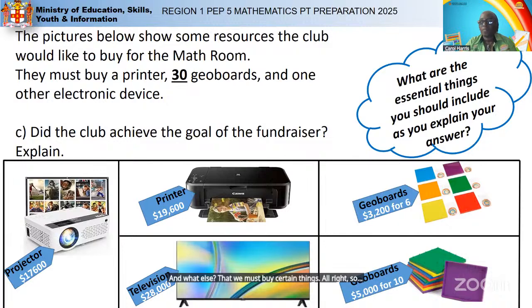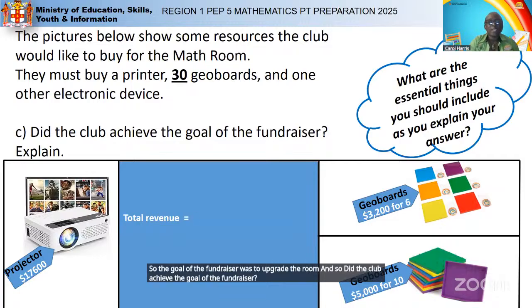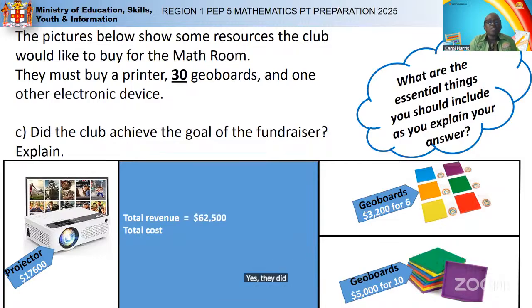Did the club achieve the goal of the fundraiser? Yes. The goal of the fundraiser was to upgrade the room. They've brought in $62,500.